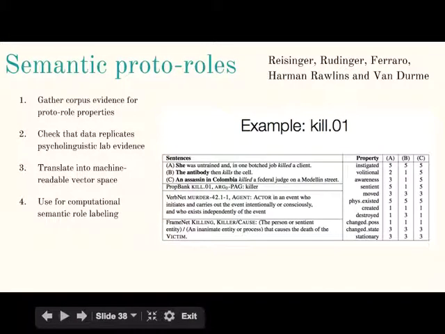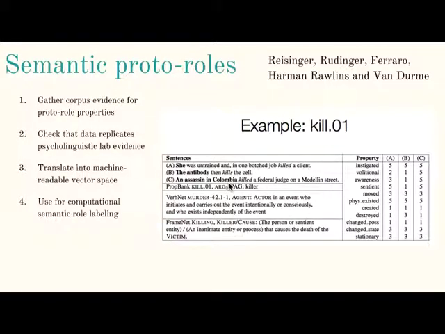So this is feature space, and they turned it into something that machines can theoretically use, and then used these in different sentences to train them as computational semantic roles, to say what is the likelihood that in this context, this is the agent, the doer of the action, and this one is the unfortunate person having the killing done to them, and so on and so forth.